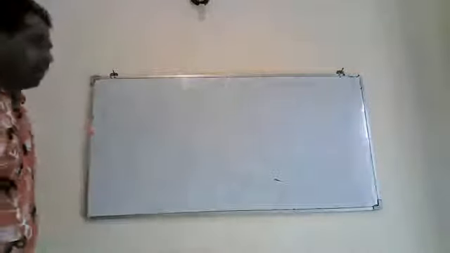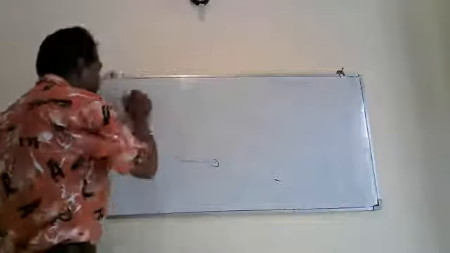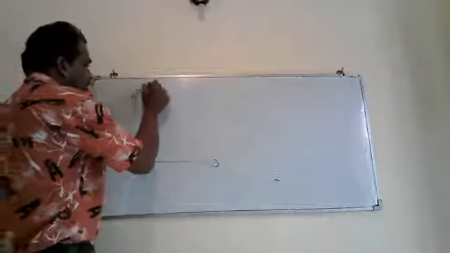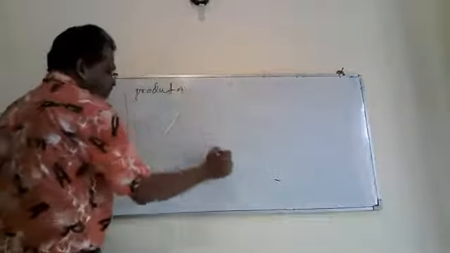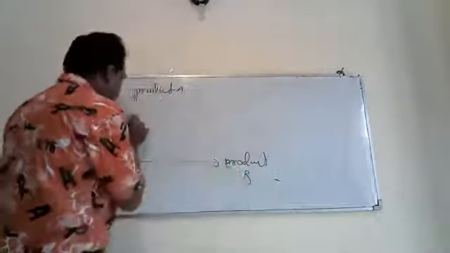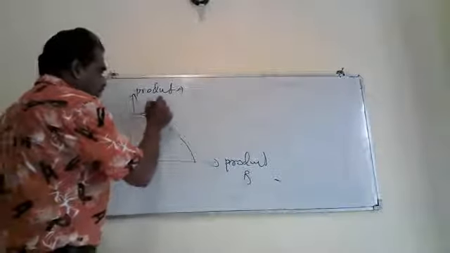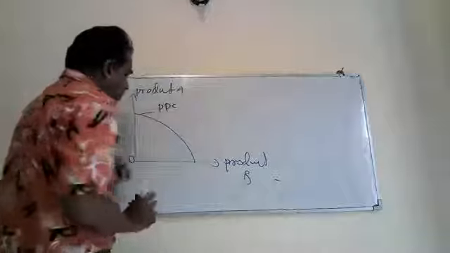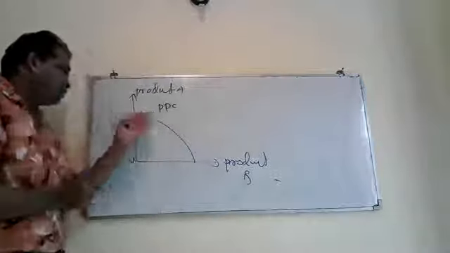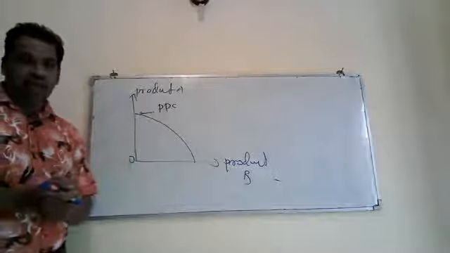Increasing opportunity cost means, if you take this one, this is product A, this is product B, this is your PPC. Always you name the PPC. Then you are using your two products in the country.